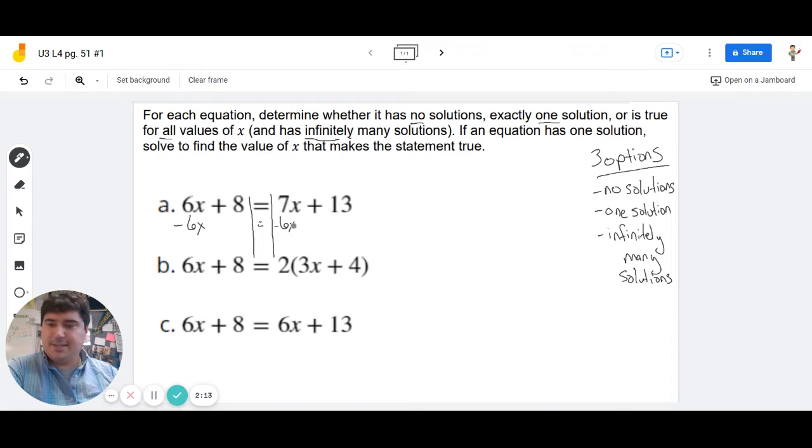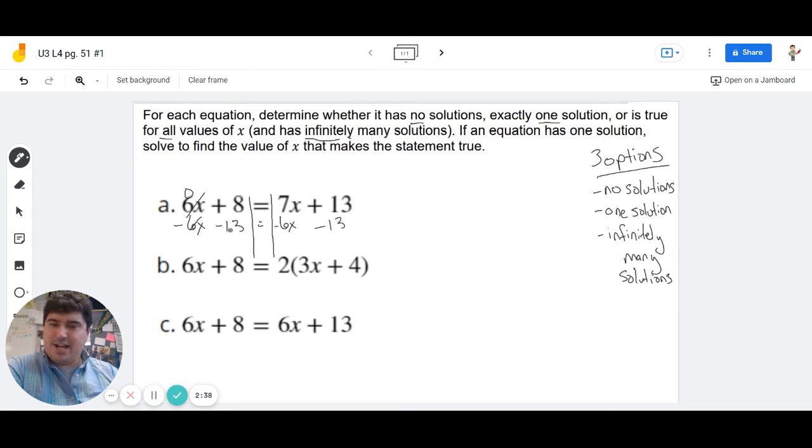But then we have a variable and a constant on the right side, and on the left-hand side just the constant. So let's subtract 13 from both sides.